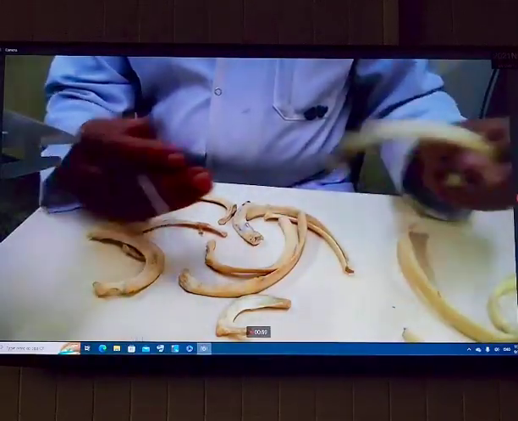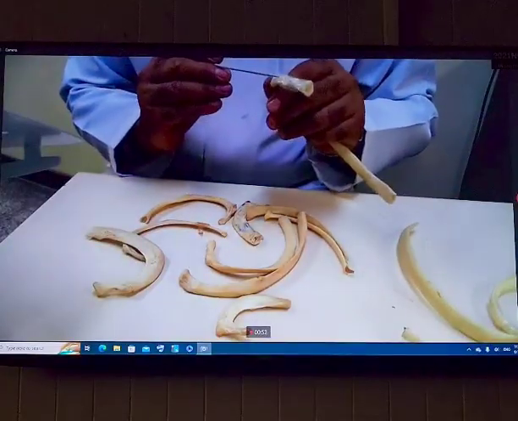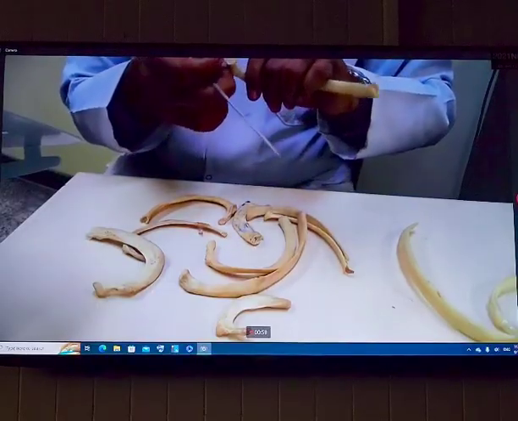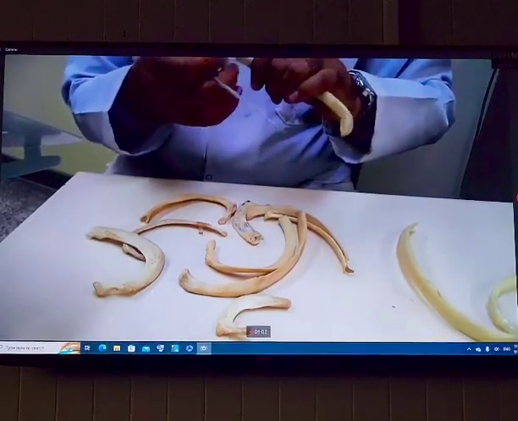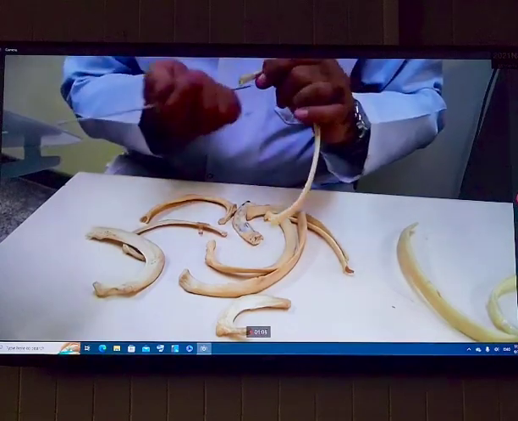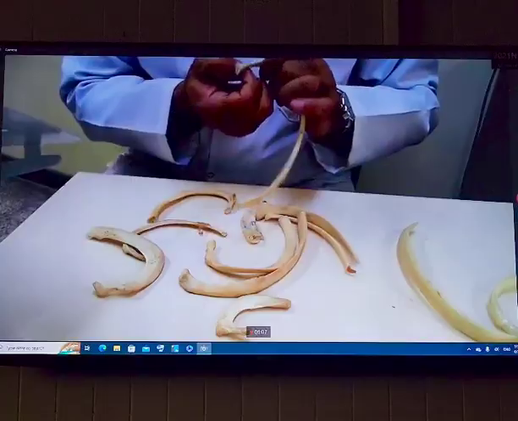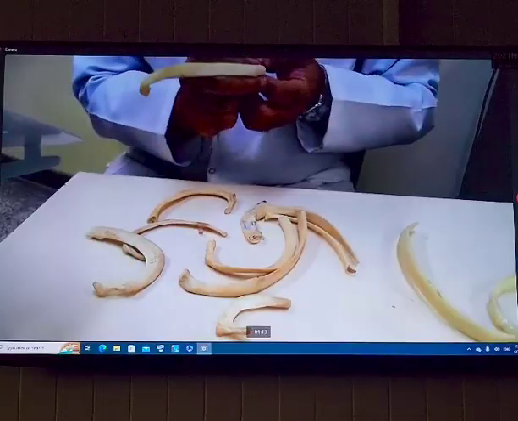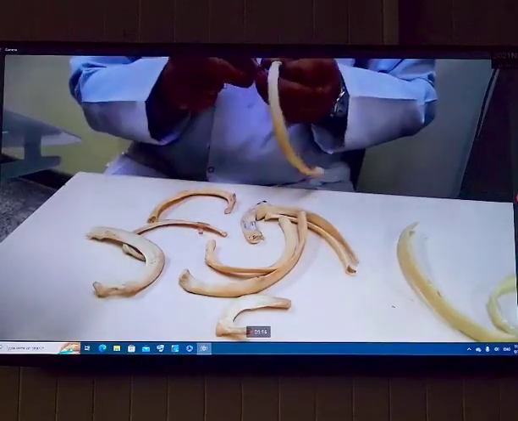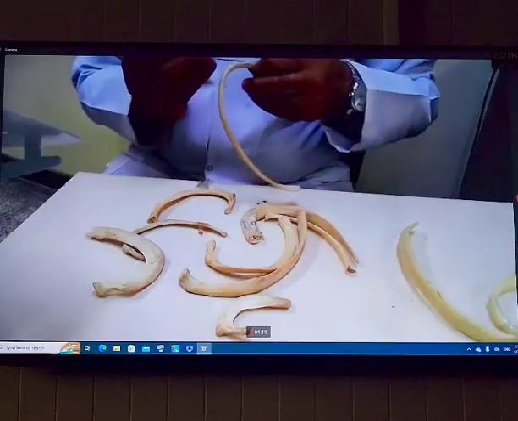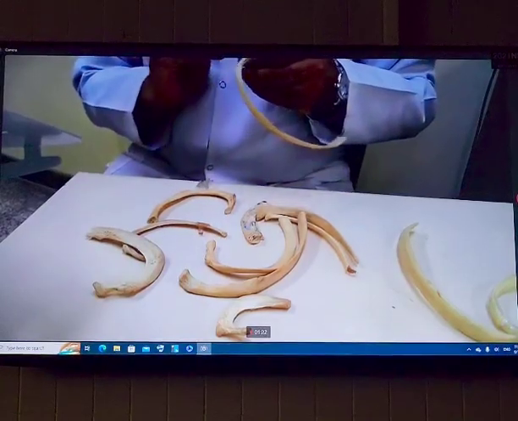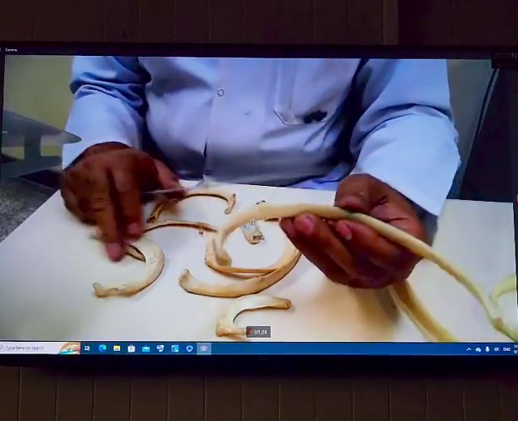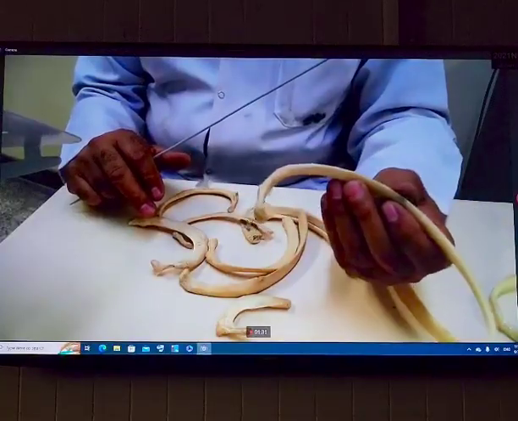And I will present to you first the features of a typical rib. This is one of the typical ribs.